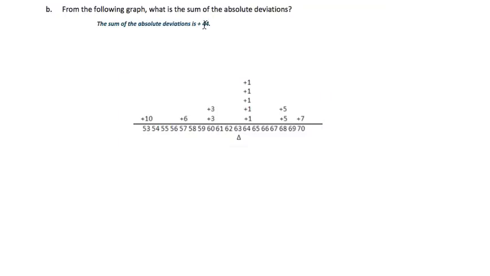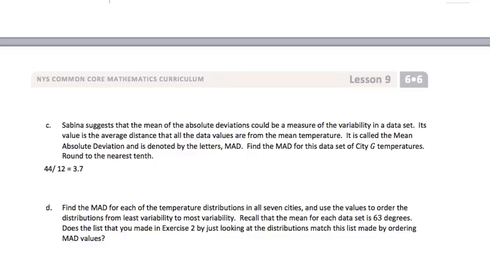So we're going to divide 44, that's the sum of our absolute deviations, by 12, which is the number of data pieces we had in the set. So the mean absolute deviation for city G's temperatures is 3.7 degrees, rounded to the nearest tenth.